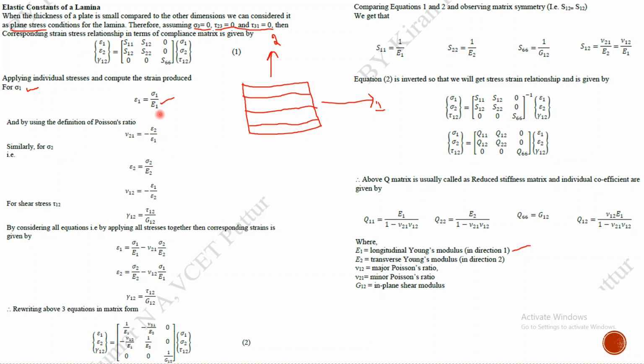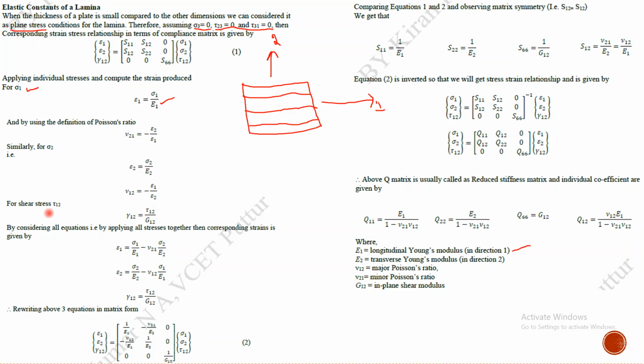In the same way, let us do the same thing by applying only sigma 2. Then the equation becomes epsilon 2 is equal to sigma 2 divided by E2, and nu 12 is equal to minus epsilon 1 divided by epsilon 2.